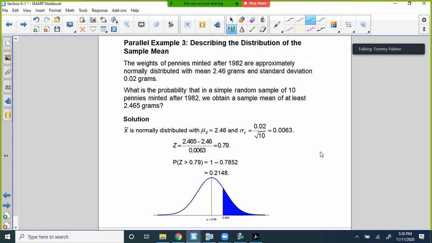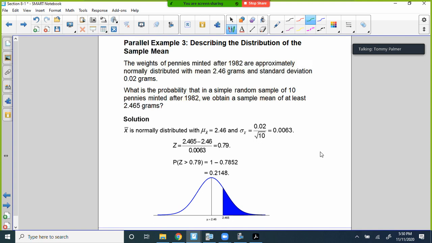The weights of the pennies minted after 1982 are approximately normally distributed with a mean of 2.46 grams and a standard deviation of 0.02. What is the probability that in a simple random sample of 10 pennies minted after 1982, we obtain a sample mean of at least 2.465?